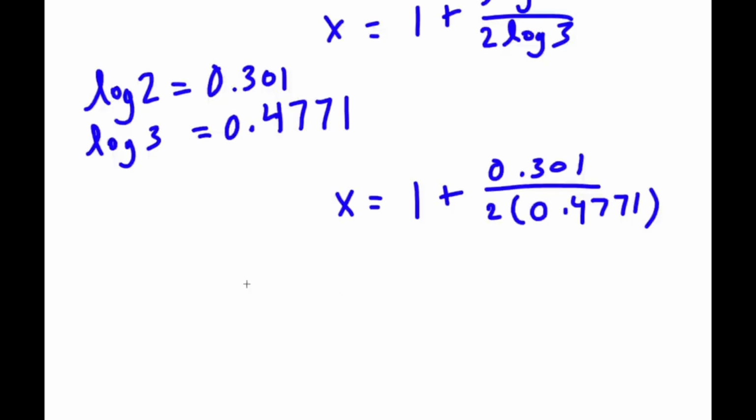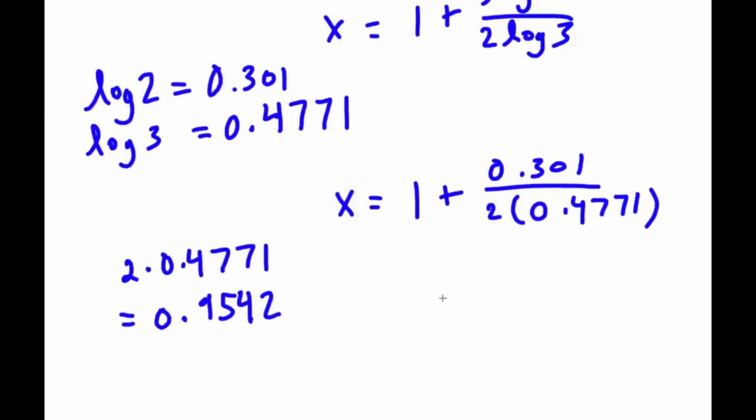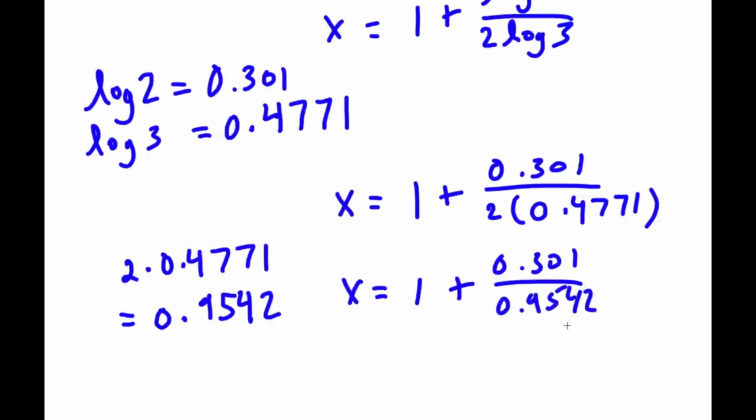Now let's simplify this. 2 times 0.4771 is equal to 0.9542. So I have x is equal to 1 plus 0.301 over 0.9542.